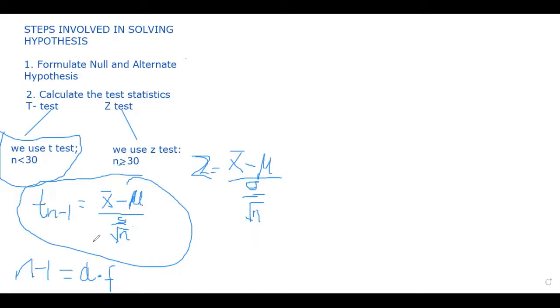You get it? So this one is another second step. It's actually under the second step. And also your alpha.